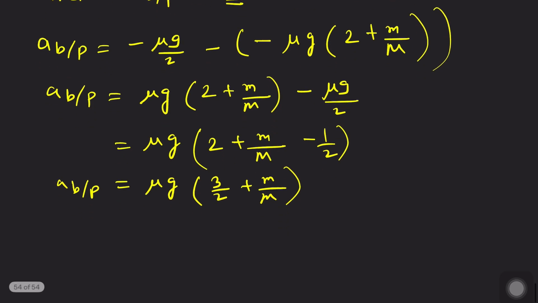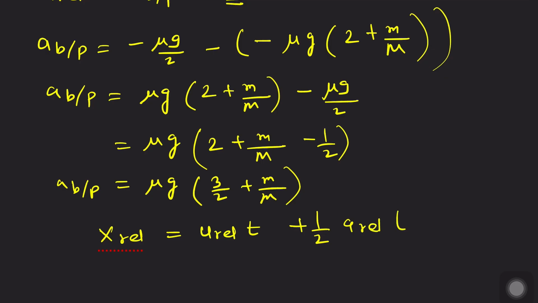Now we can write the direct equation: x relative is equal to u relative into t plus half a relative into t square.